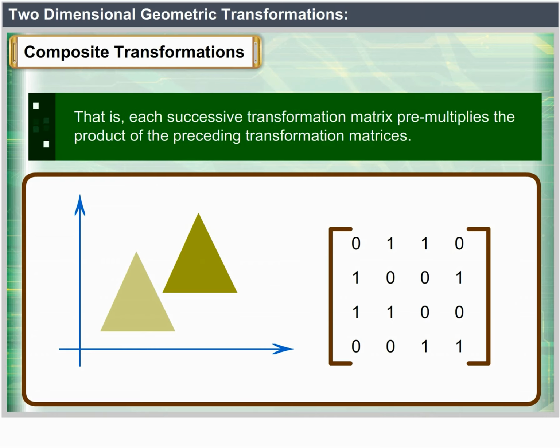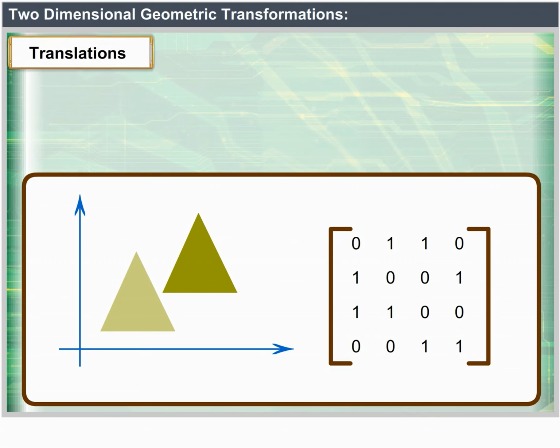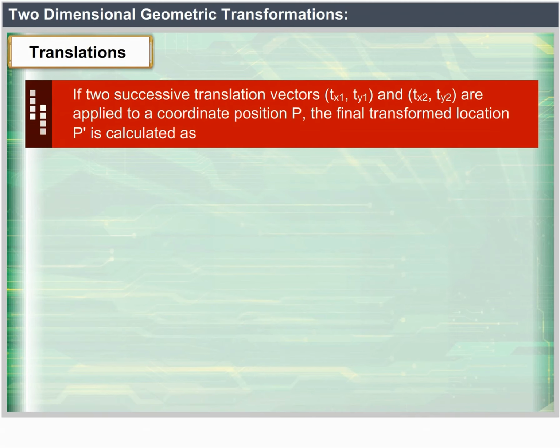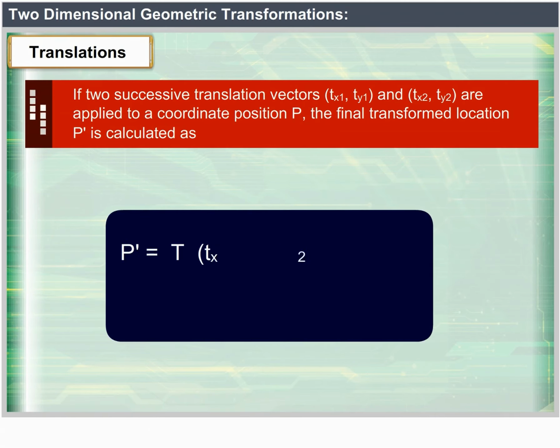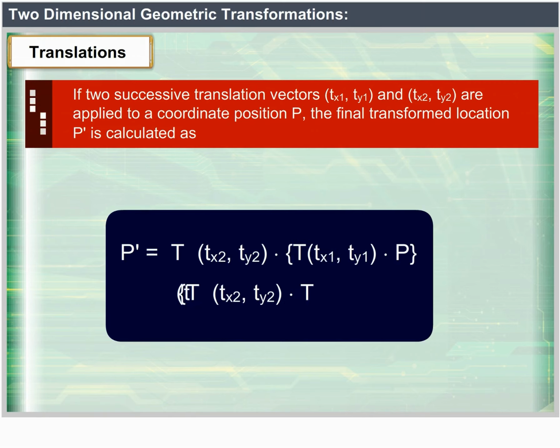Translations. If two successive translation vectors (tx1, ty1) and (tx2, ty2) are applied to a coordinate position P, the final transformed location P' is calculated as shown on screen, where P and P' are represented as homogeneous coordinate column vectors.